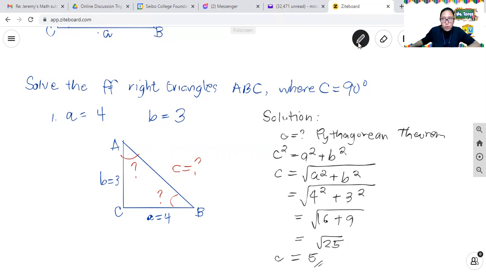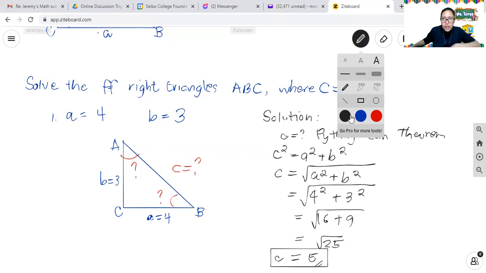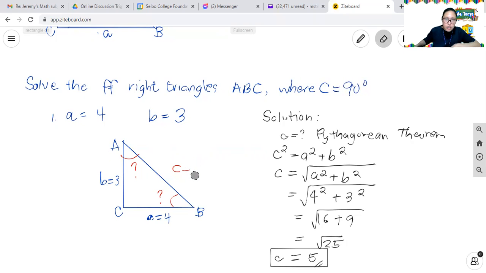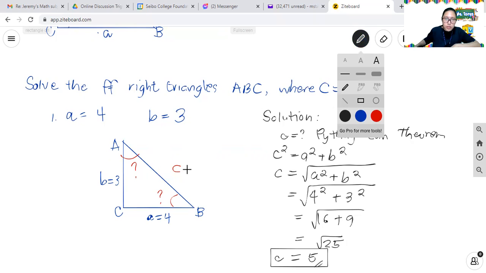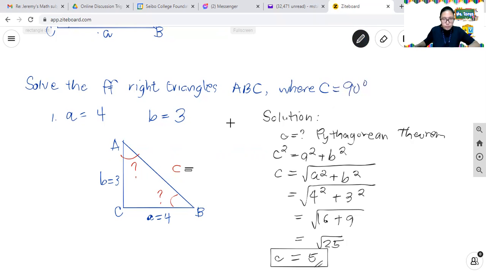So we already know the value of c. So I will just write it here. c is equal to 5.